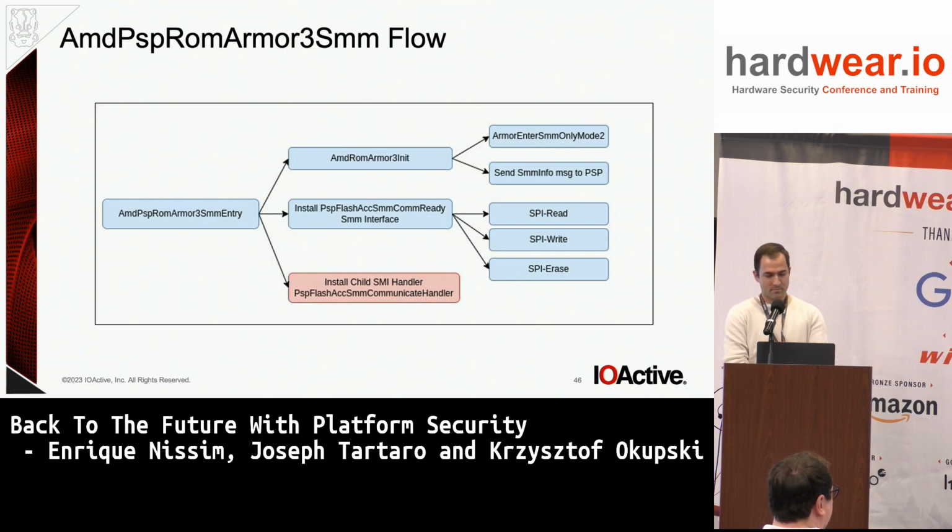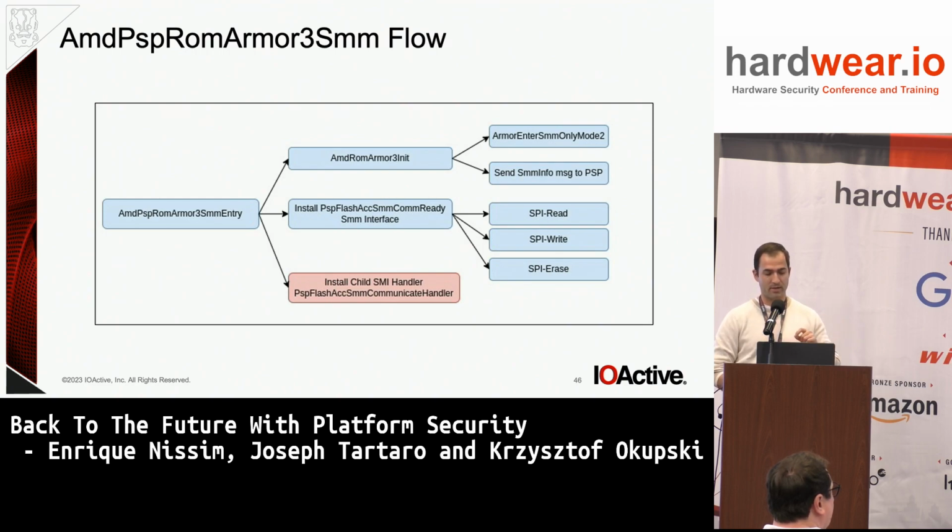So we wanted to dig a little bit deeper and understand exactly what the interface with the PSP is for this feature. There are essentially three main steps. One is the init step, then we have the registration of an SMM interface, or interfacing with the SPI Flash for other SMM modules.